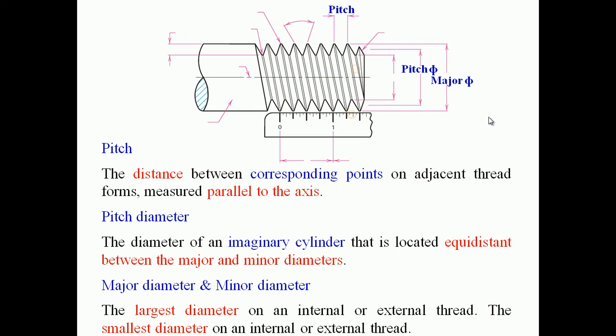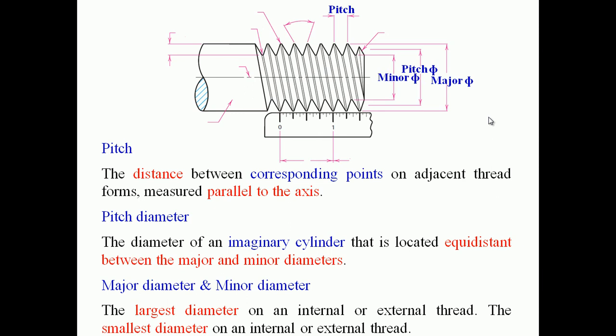Similarly, the smallest diameter of an external thread, and this can be suitable for the internal thread also, is known as the minor diameter.